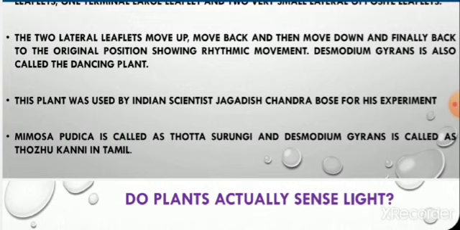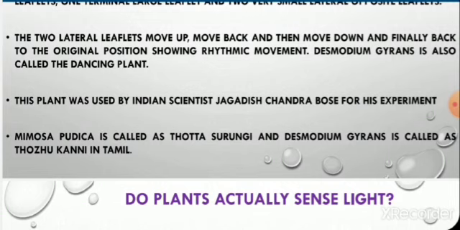So I want to tell you that Jagadish Chandra Bose is our Indian scientist. In the year 1900, he proved that plants have life, and he invented the crescograph, a device for measuring the growth of plants.